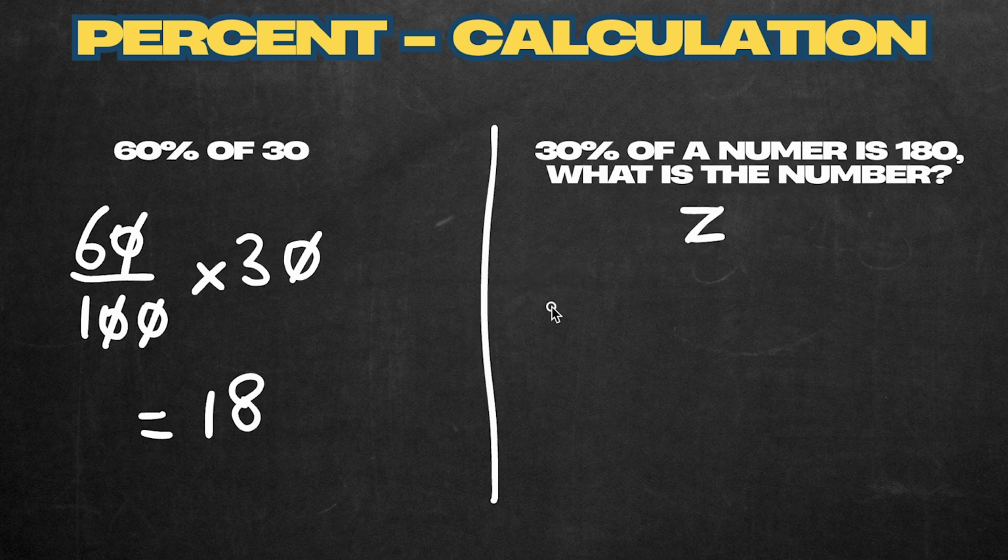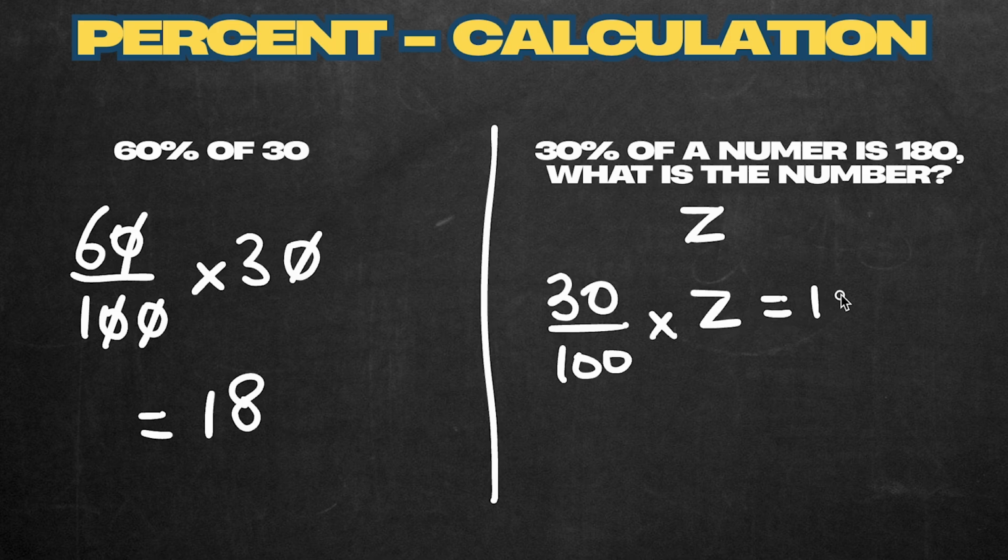What is the real value of Z? 30% of Z equals 180. Now if you go back to algebra, this is what we need to do to find our answer, the real value of Z.